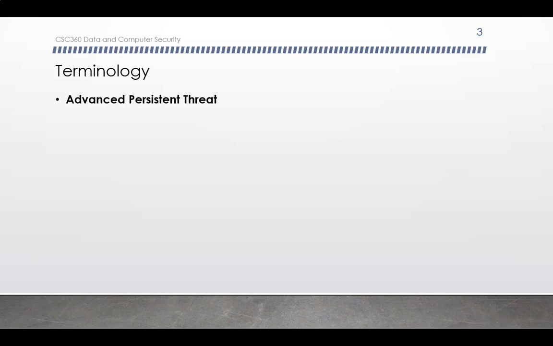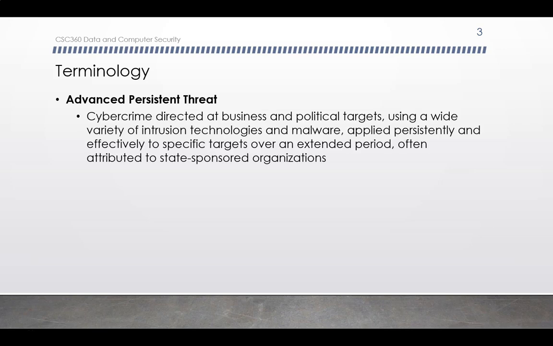The first term we present is advanced persistent threat. This term refers to cybercrime that is directed at business and political targets. These cybercrimes are really the consequence of our growing dependence on technology.